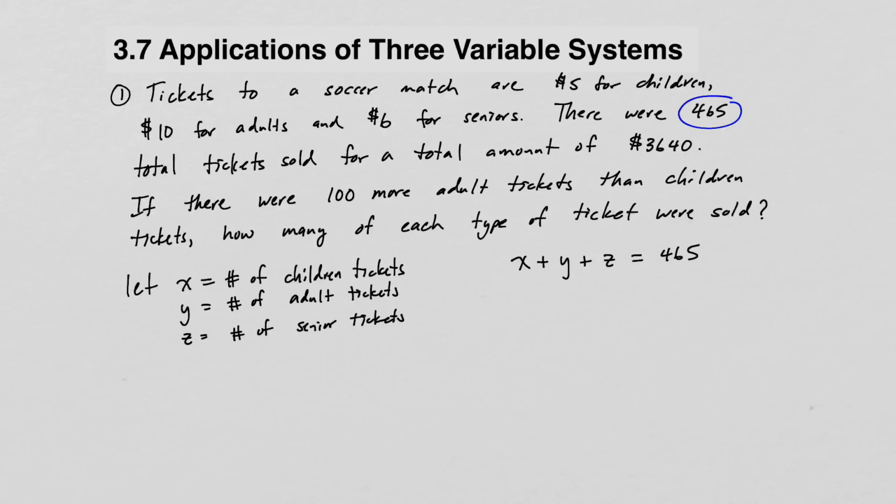So for example, if there were X children tickets and each children ticket is $5, then the total value of all the children tickets sold would be $5 times X. And then the total value for the adult tickets would be $10 times Y, and for senior tickets, $6 times Z. And so we can get the total value by $5 times X plus $10 times Y plus $6 times Z, and that must be equal to $3,640.